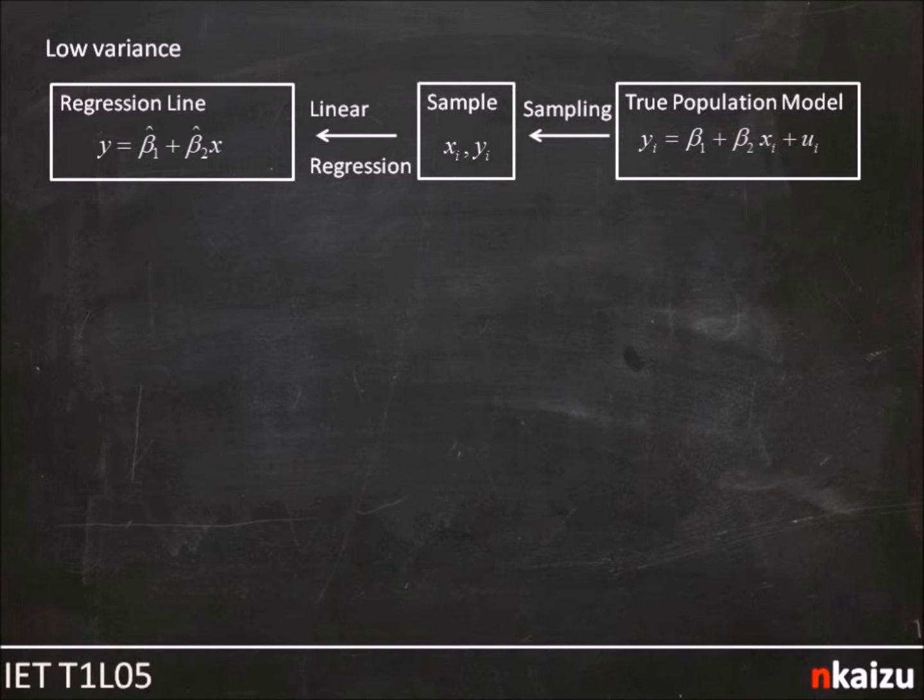In this equation we see the betas have little hats on top to signify they are from a regression equation. In between the true population model and regression line we have the process by which we go from right to left, from one to the other, which is first by sampling to get our sample with xi's and yi's, and then by doing linear regression on our sample, we get a regression line, our straight line of best fit.